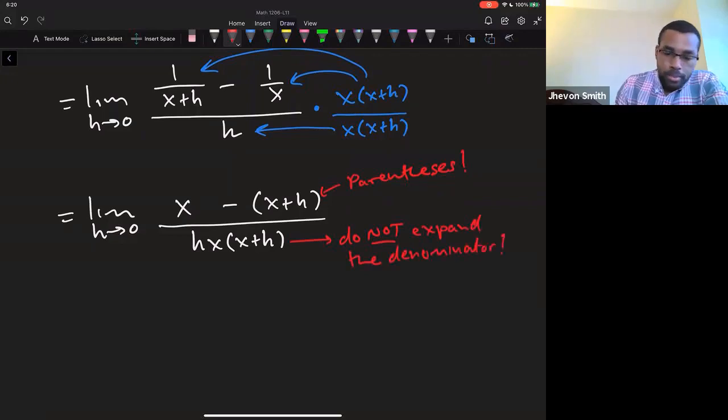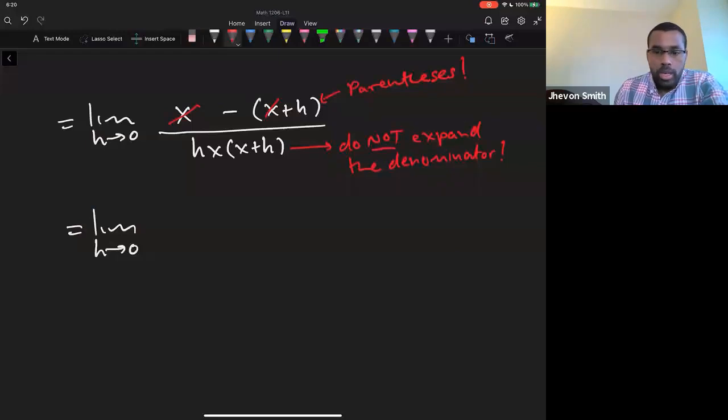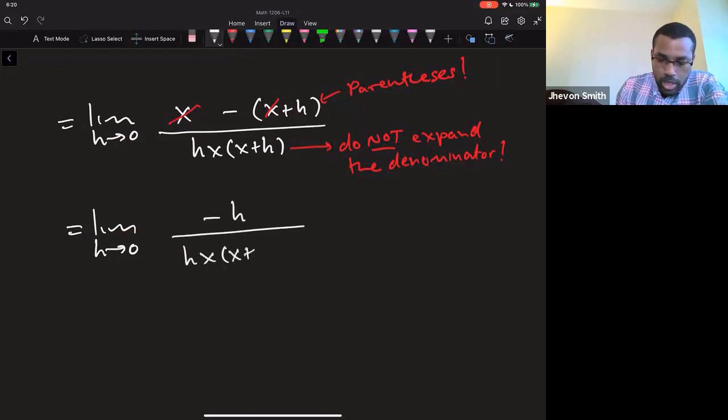So that's what we have. You'll notice now what's going to happen is you'd have x minus x here, and so what's left over on top is minus h over h times x plus h.